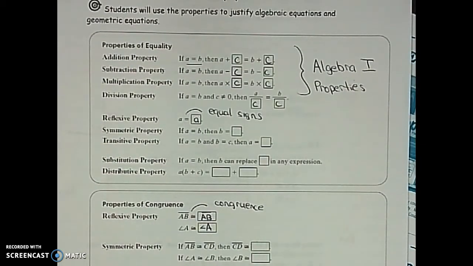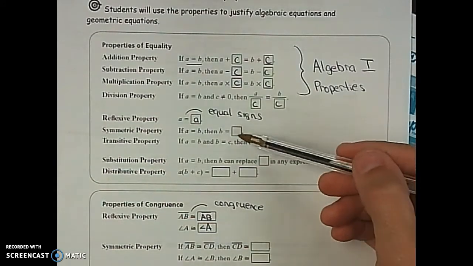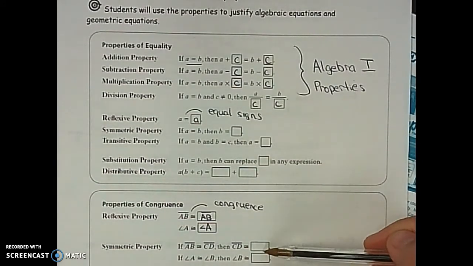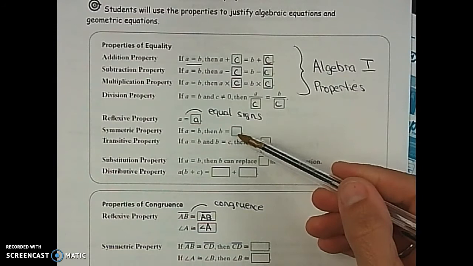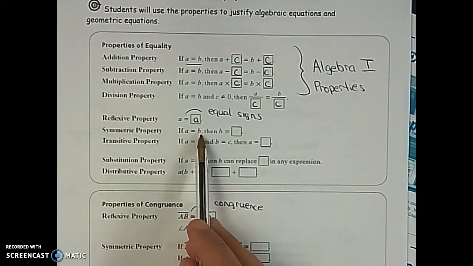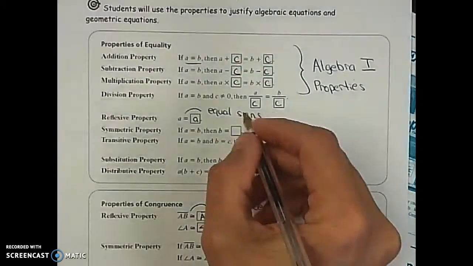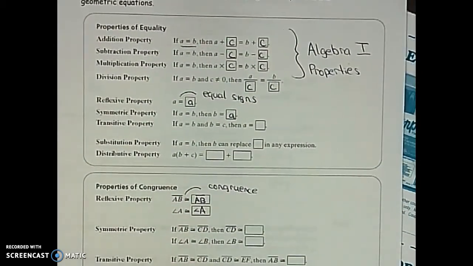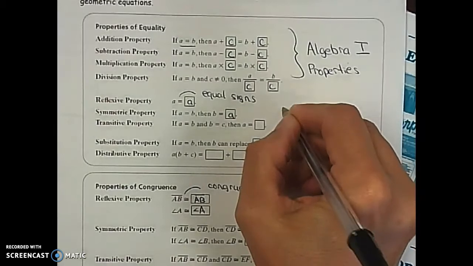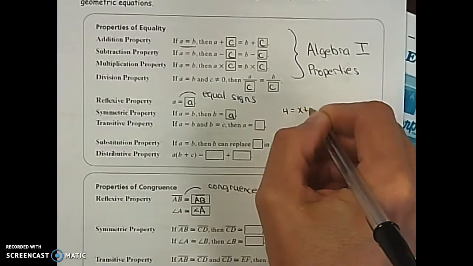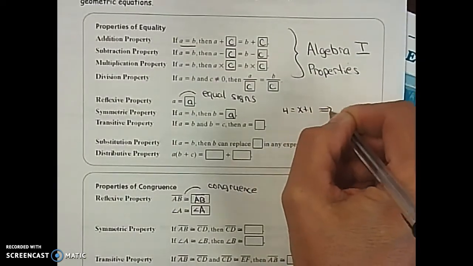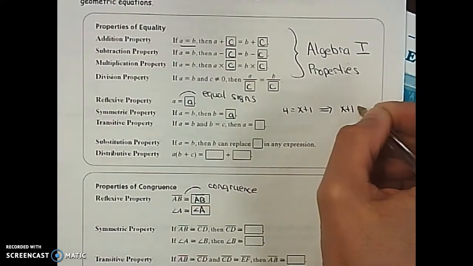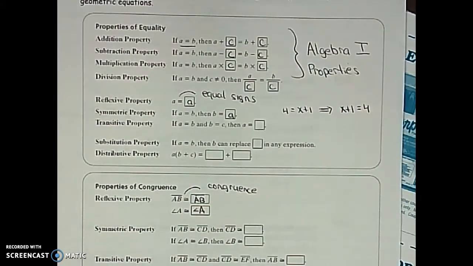Next you have the symmetric, and again I want to point out you have symmetric up here and symmetric down here. Let's start with the symmetric property of equality. It says if A is equal to B, then B is equal to A. Sometimes when we solve an equation, we might have 4 is equal to x plus 1. The symmetric property simply says, I want that variable on the left side, so I can flip it as long as I've kept the same things on each side.